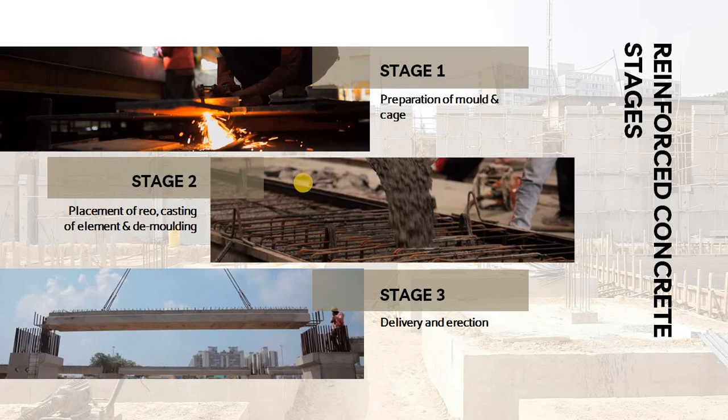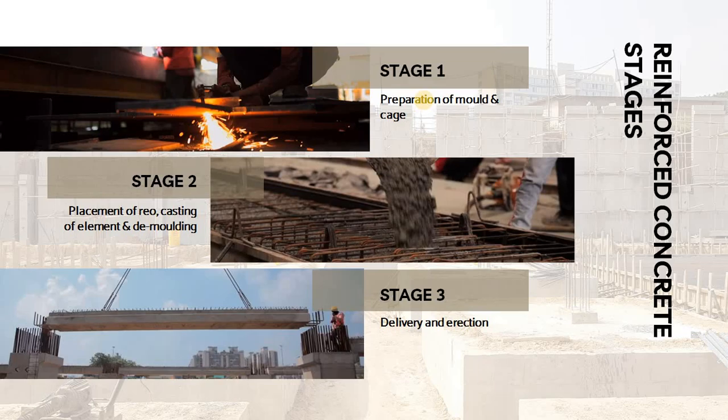So let us see what the stages are in making reinforced concrete elements. The first stage is the preparation of the mold, in which, as per the drawing, the mold will be prepared in the factory, and the reinforcement cage will be prepared side by side.